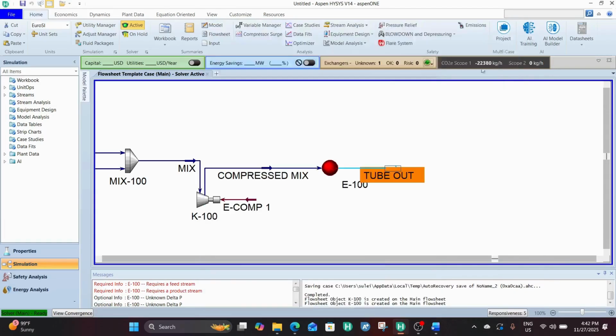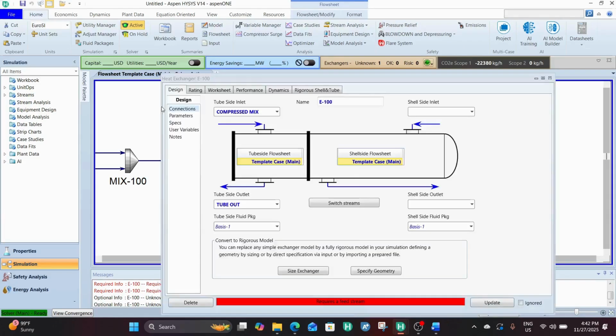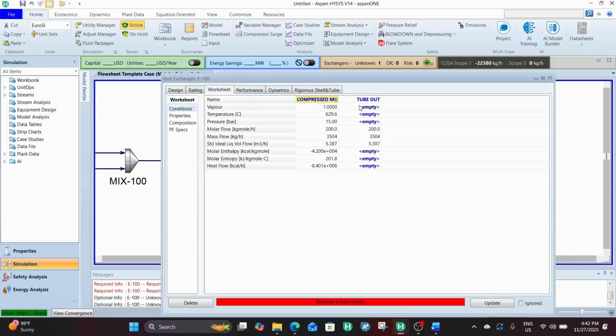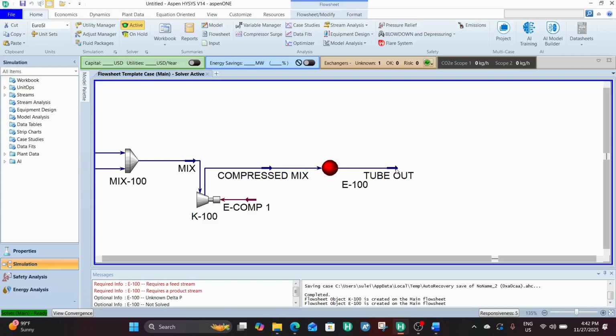It has to be dark blue to have a variable assigned to it. So let's go to our worksheet, and we're just going to specify a pressure drop of 0.5 bar. I think that should do, and raise this temperature to 800 Celsius. Good. We've assigned a variable, so it's a dark stream.